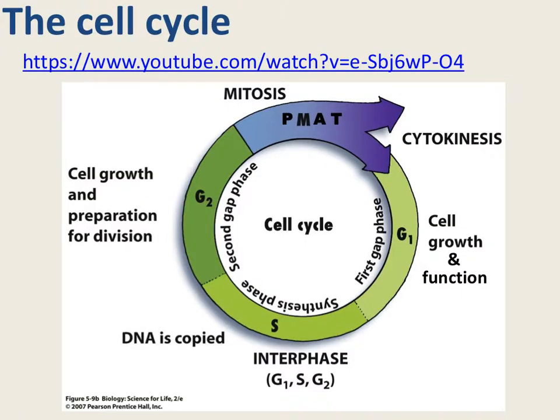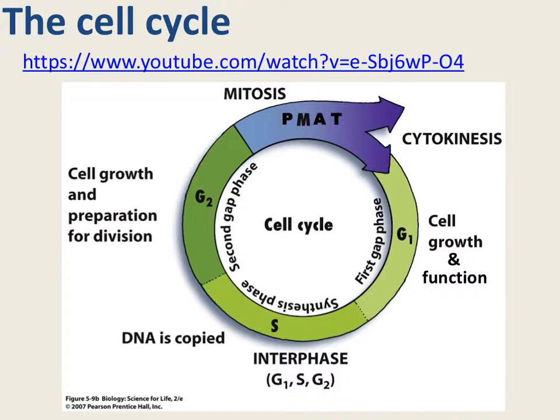Now, there's something called the cell cycle. Most cells are in the G1 phase for most of their lives. Some cells never get out of the G1 phase, like neurons.